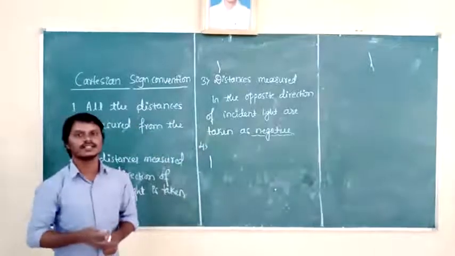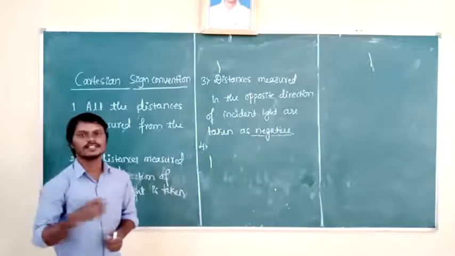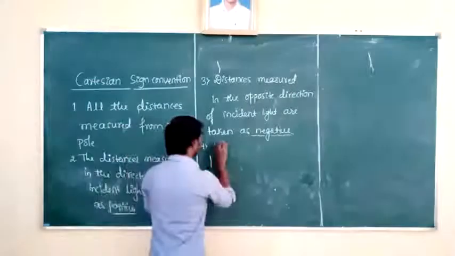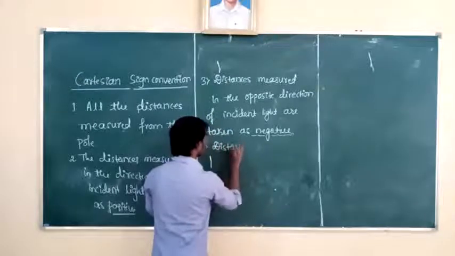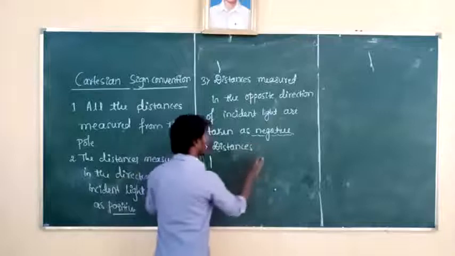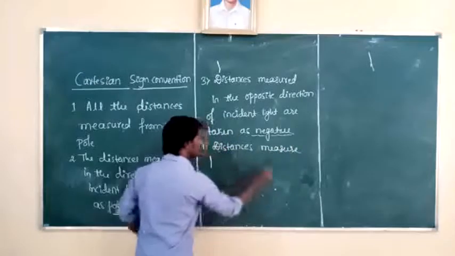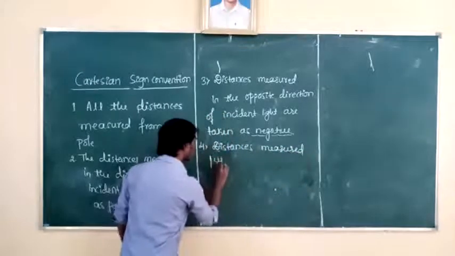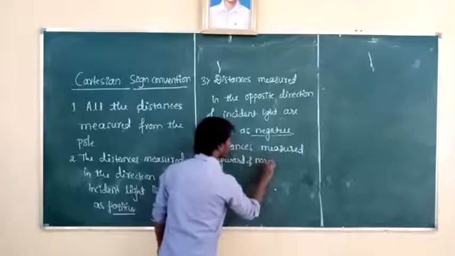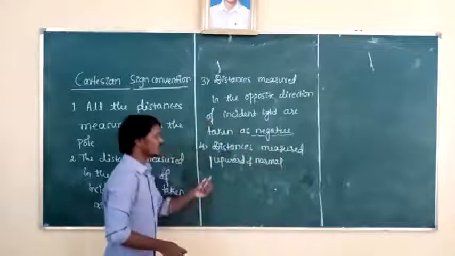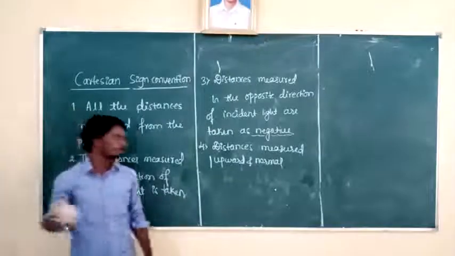Then the fourth one: upward distances, meaning heights. Distances measured upward and normal to the principal axis are taken as positive. Instead of distance you can take height.